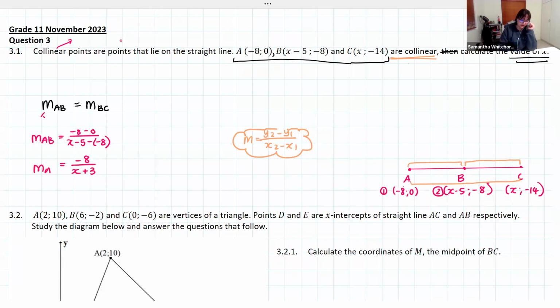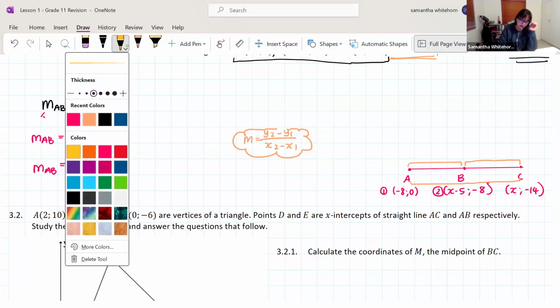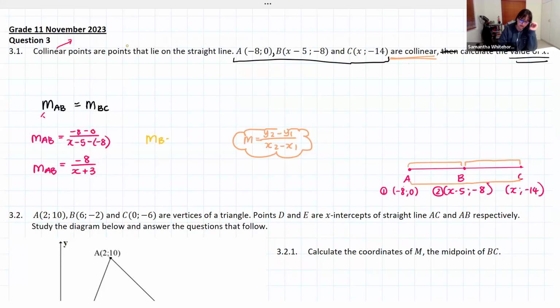So that's the gradient of AB. If we go and work out the gradient of BC, B is already point 2, so I'm now going to make C point 1. So y2 is -8 minus y1 is -14 over x minus 5 minus x. So -8 minus -14 becomes -8 plus 14, which is 6 over.